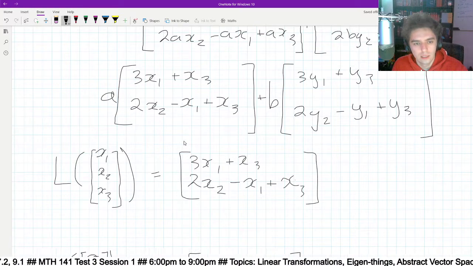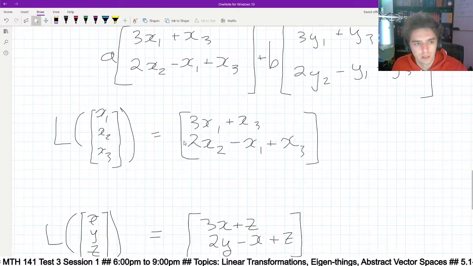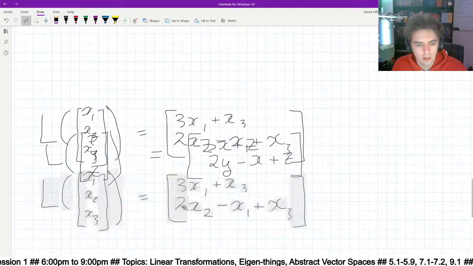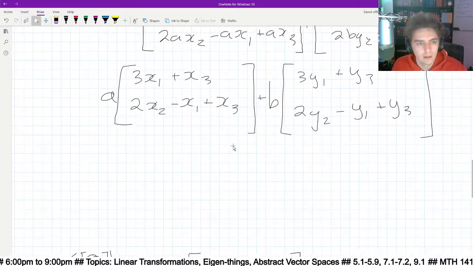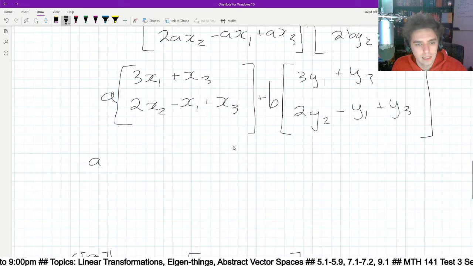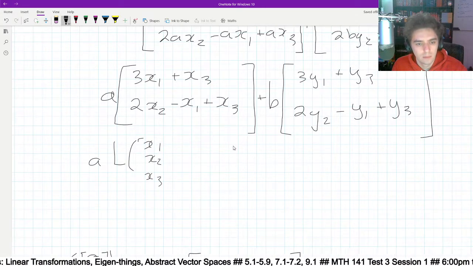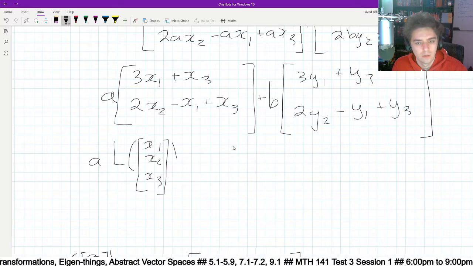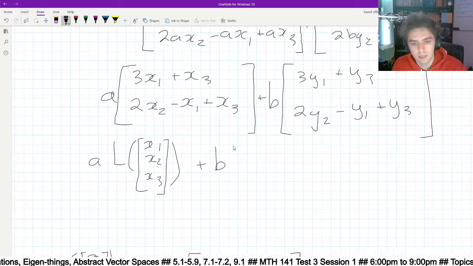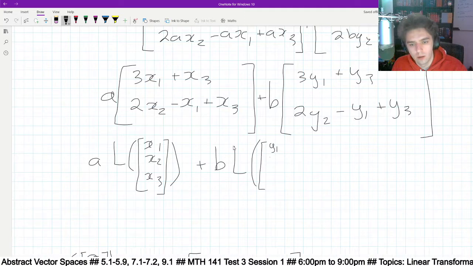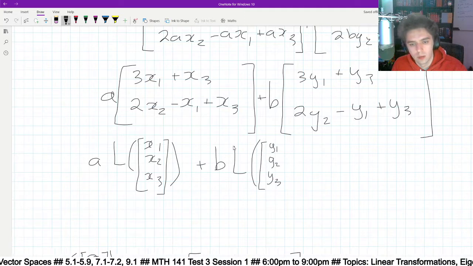So if I just move this to the side, what we have is a times L of x1, x2, x3. Similarly, for the same reason, this is b times L of y1, y2, y3.